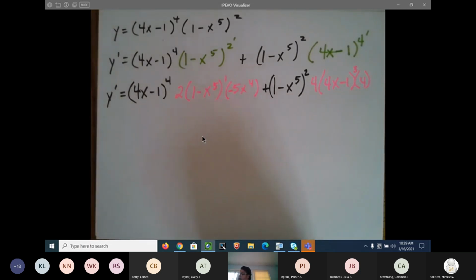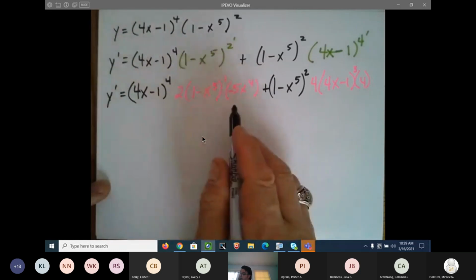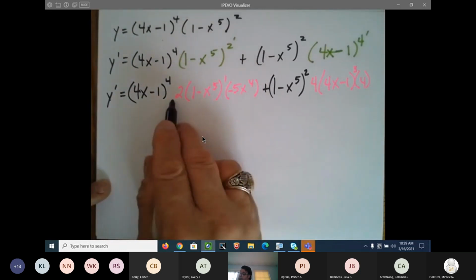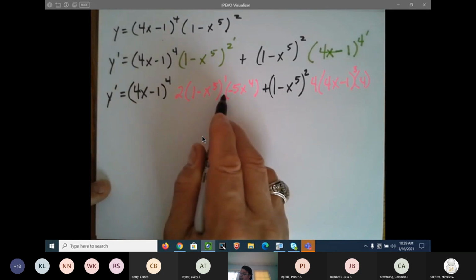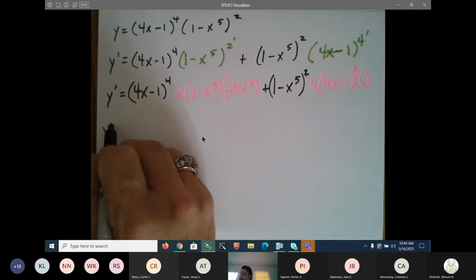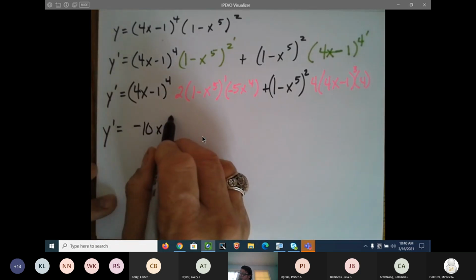Okay, so that negative 5x to the 4th and that 2 will be negative 10x to the 4th.